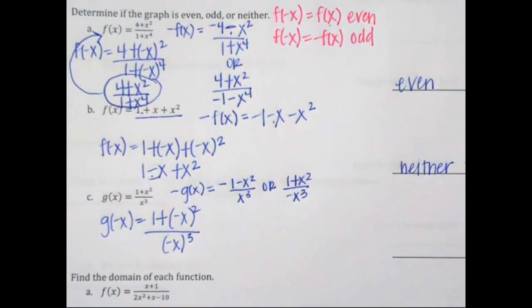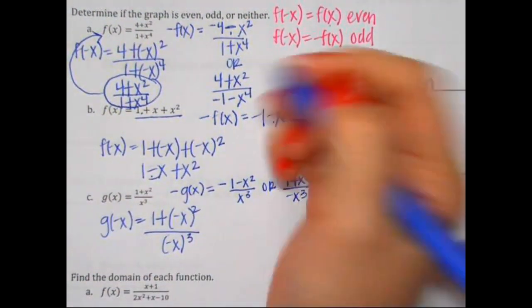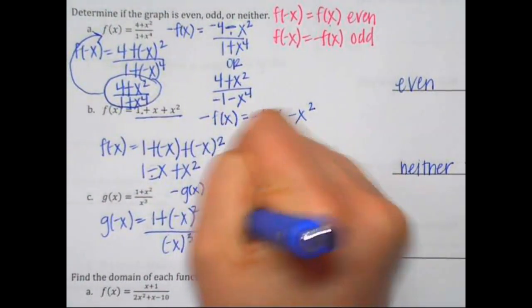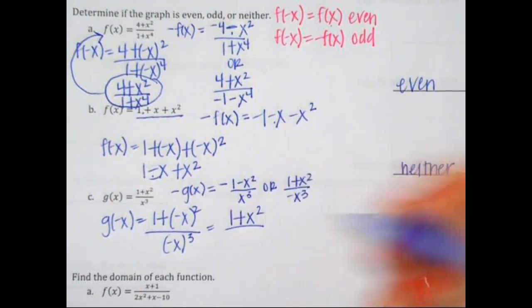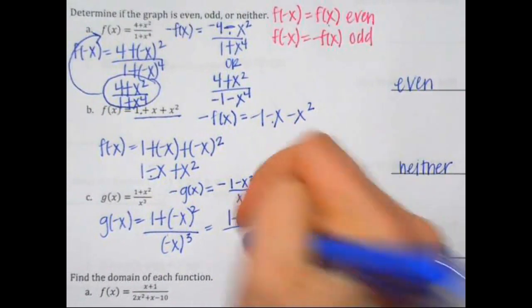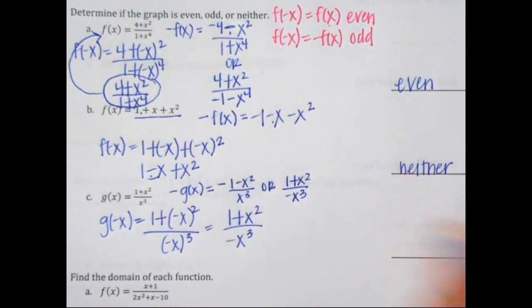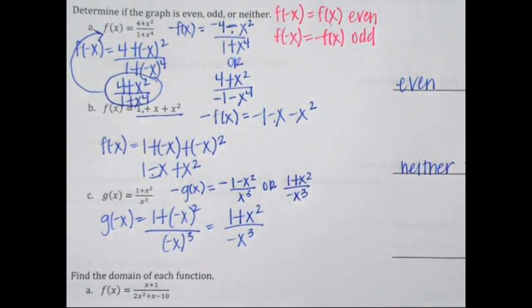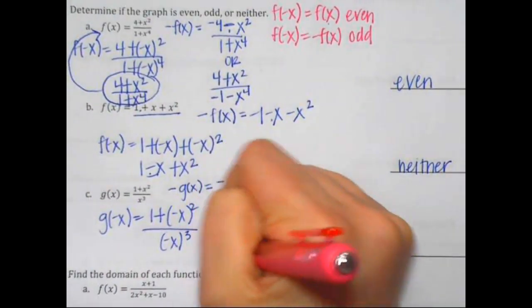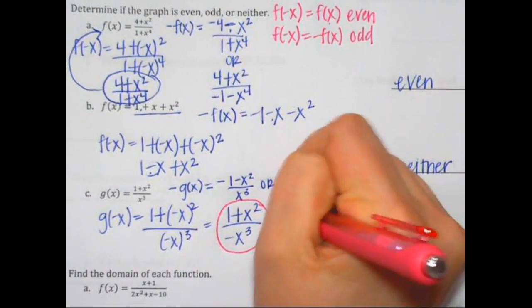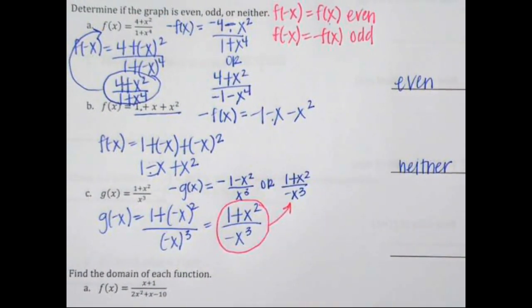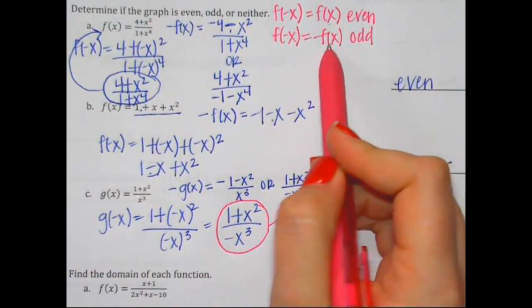The negative x squared here simplifies to be positive, and then for negative x cubed, the negative comes out, and it's negative x cubed. So this one here is the same as that one. And so when g of negative x is the same as negative g of x, it's odd.